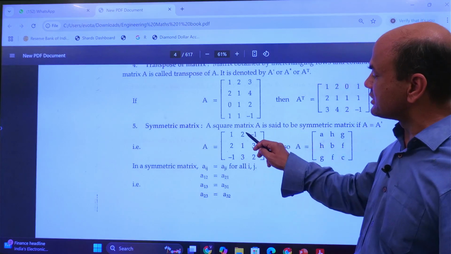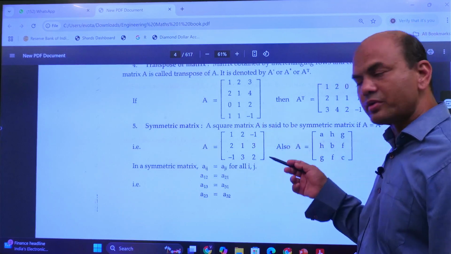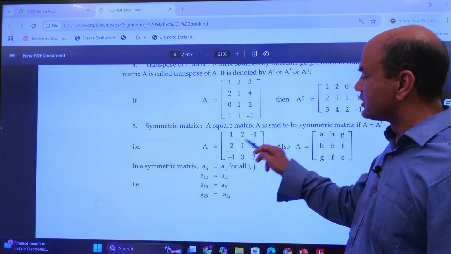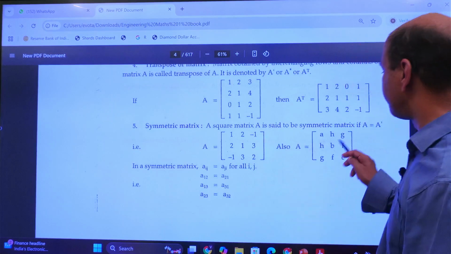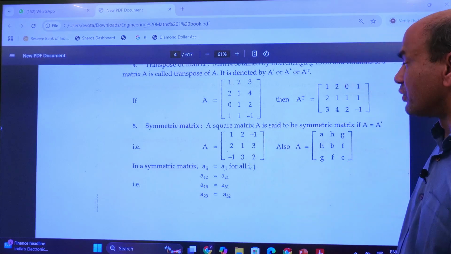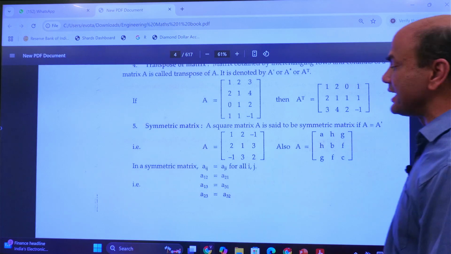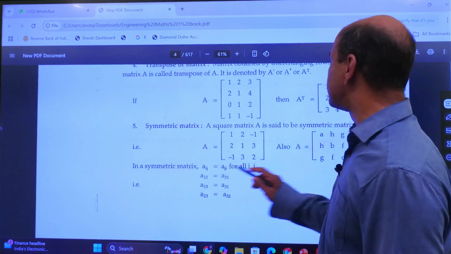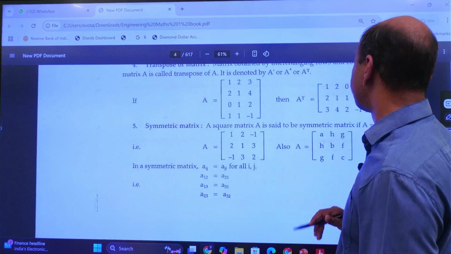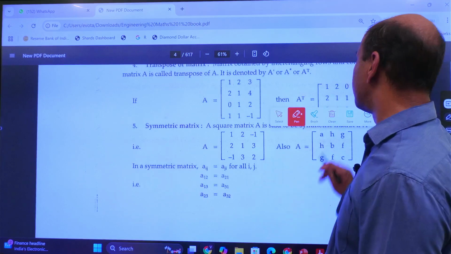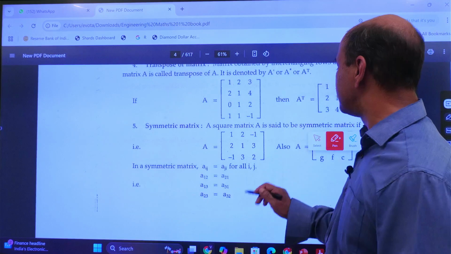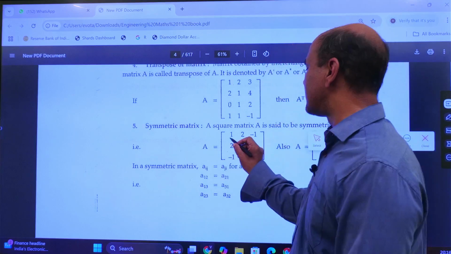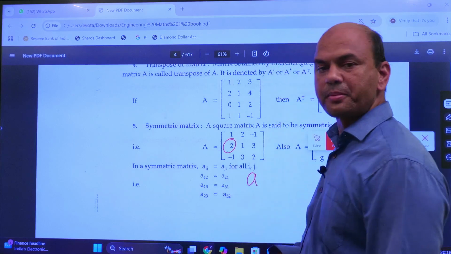Suppose I change this: columns will become rows, rows will become columns. So 2 will come over here, minus 1 will come over here, 2 will go over here. So it's not changing at all. Right? So what does it mean? If your Aij equals Aji, now this is an important term. Aij equals Aji means what? Let me write it for 2.